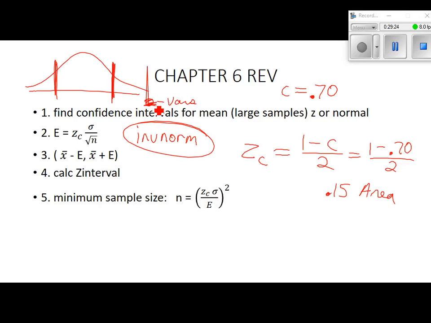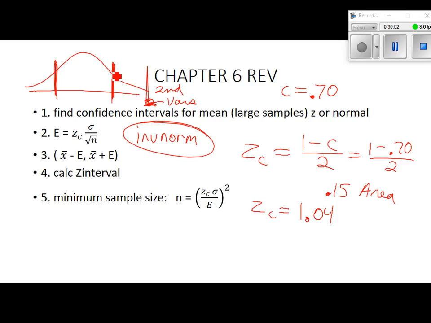Second, not 2, second, then vars, inverse norm, you hit enter, and it asks you for the area, the mu, and the sigma. Mu is always going to be 0, sigma is going to be 1, and we just put in that 0.15. Paste and enter, and we end up with our critical value is negative 1.04. Well, I really don't care about the negative. I just want the 1.04.